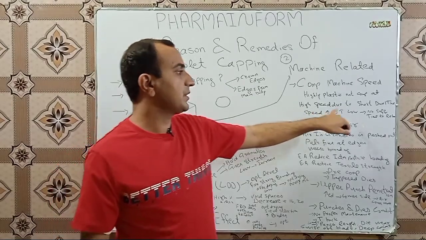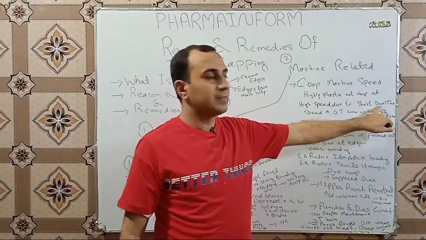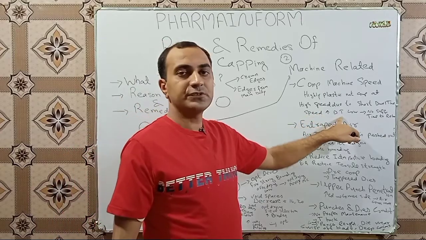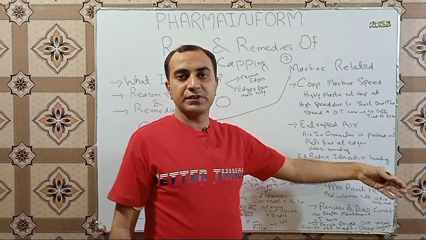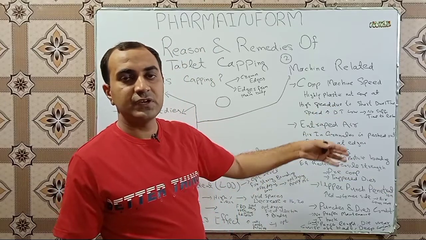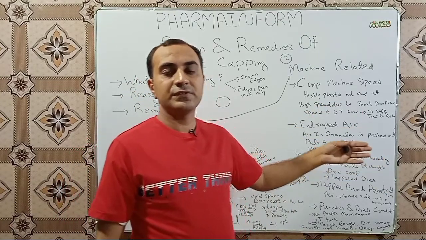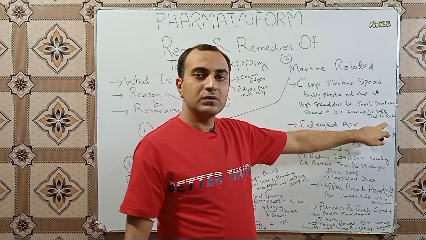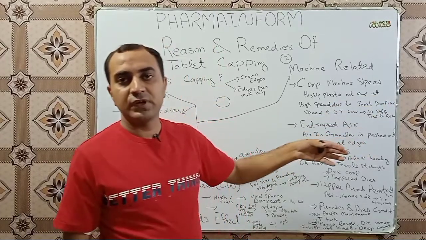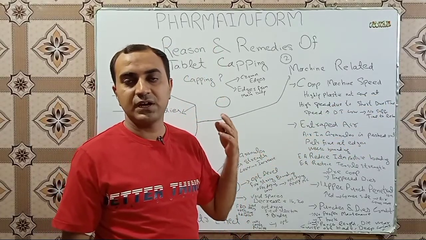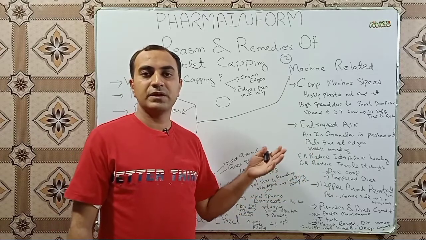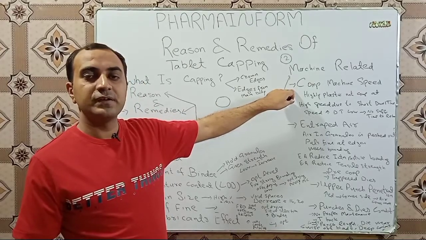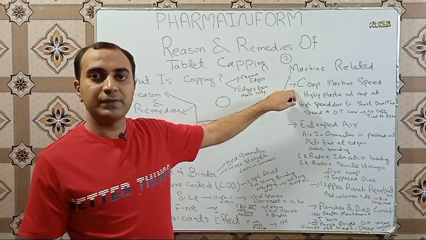High compression machine speed also results in short dwell time, and if we increase the compression machine speed, the dwell time is decreased, and when dwell time is decreased, the compressed tablet does not have sufficient time to relax, and when the tablet does not have sufficient time for relaxation after compression, it may result in tablet capping. So the solution for this point is to reduce the tablet compression speed.